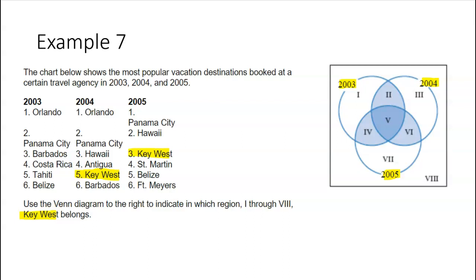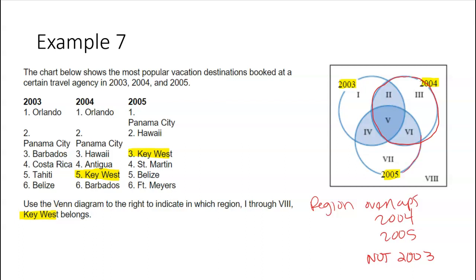So we're looking for the region that overlaps 2004 and 2005, but not 2003. This is 2004, and this is 2005. These 3 sections, 1, 2, 3, all overlap.